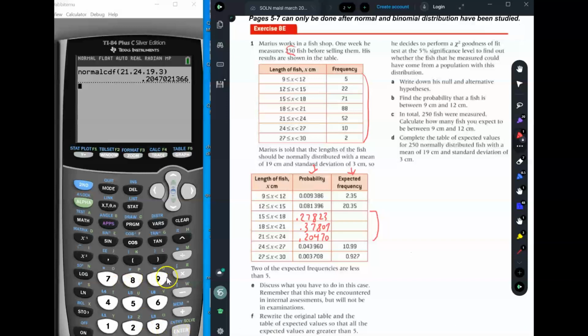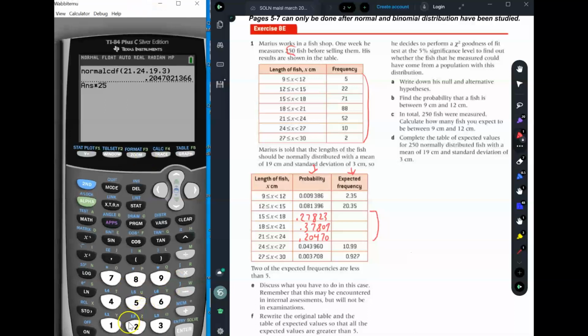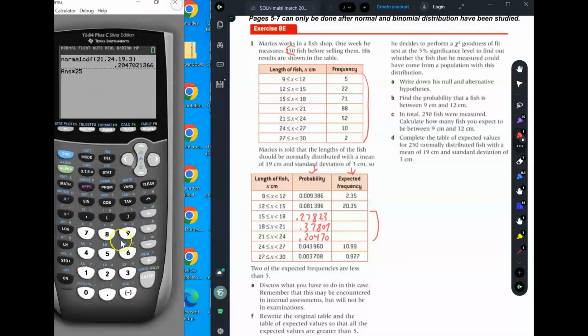I'm going to do the last one first since it's still there, times 250. So the last one's going to be 51.18.